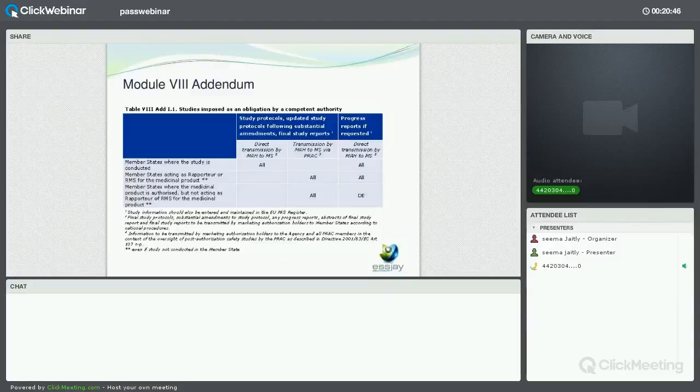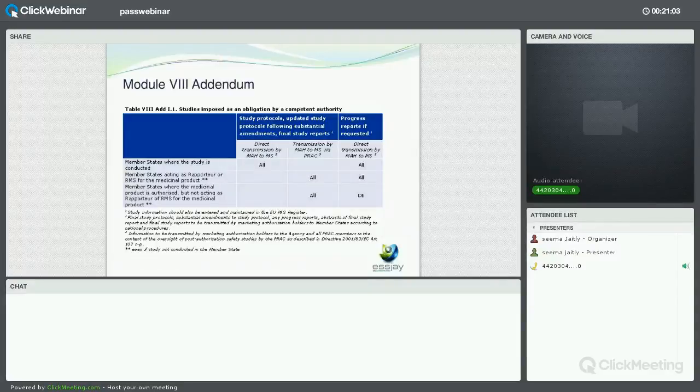You also need to submit to where the member states are acting as a rapporteur or reference RMS for the medicinal product, a reference member state for the medicinal product, and also in certain countries, progress reports would be required.